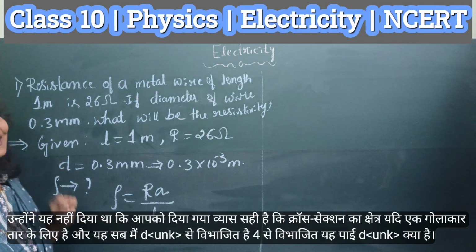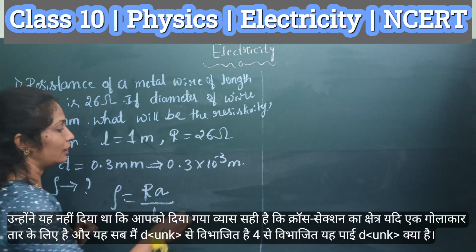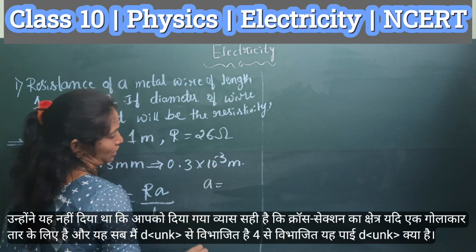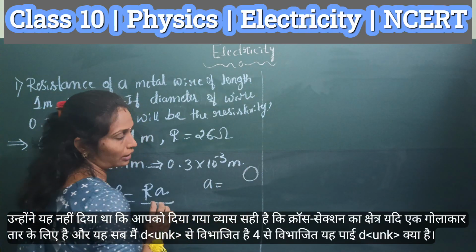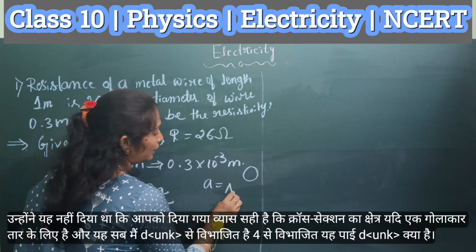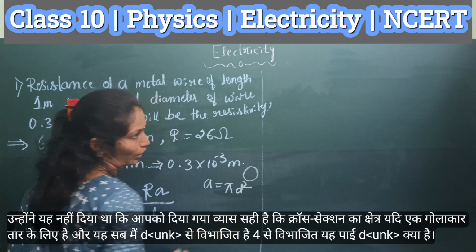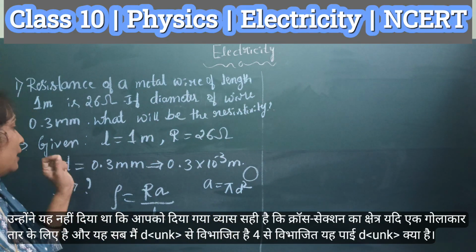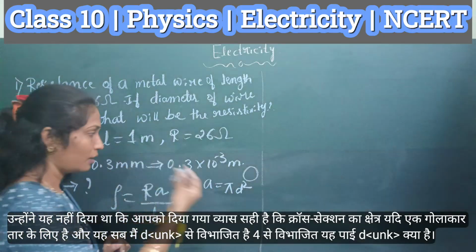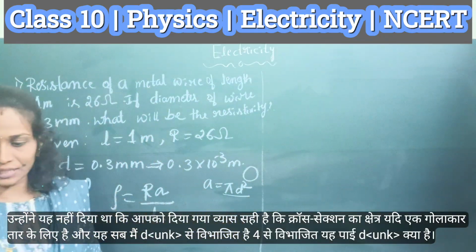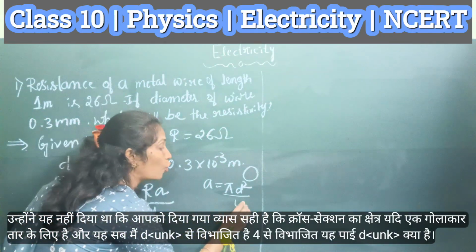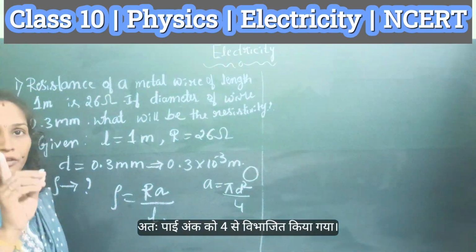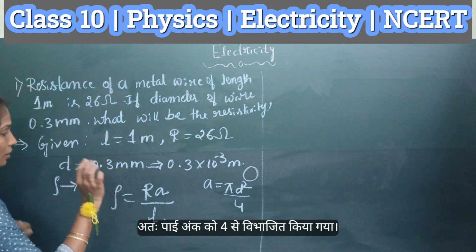They had given you diameter. For a circular wire, the area of cross section is pi d square divided by 4.